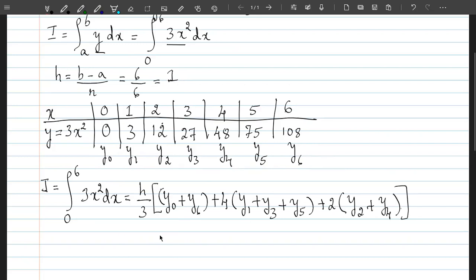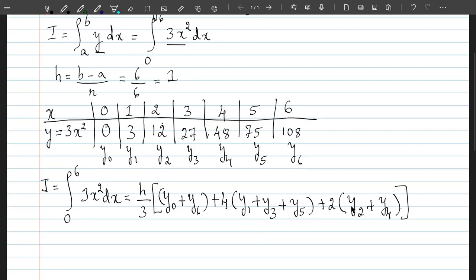I'll just explain this once again so that you can understand it properly. You have been given that you have to use Simpson's 1/3 rule, so the step length h will be multiplied by 1 by 3. The first term is always the sum of the first value of y, which is y0, with the last value of y, which is y6, plus 4 into all those terms of y which have got odd subscripts: y1, y3, and y5.